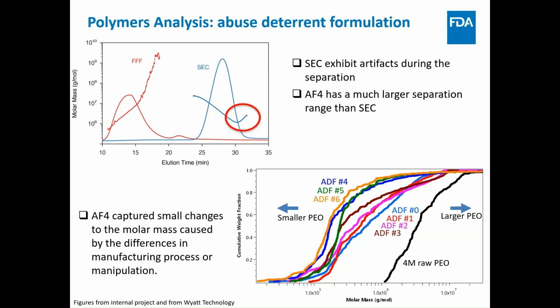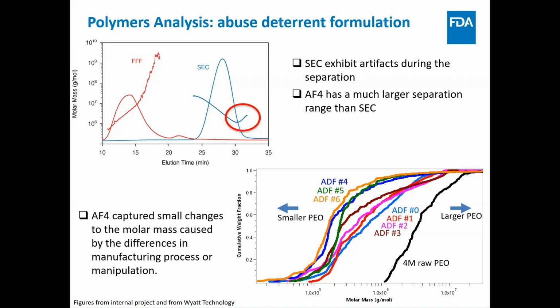And we use AF4 to analyze several different in-house placebo ADF formulations. They were manufactured under different conditions and further manipulated under different conditions. And AF4 can easily capture the small change in the molar mass caused by the difference in the manufacturing and manipulation process.